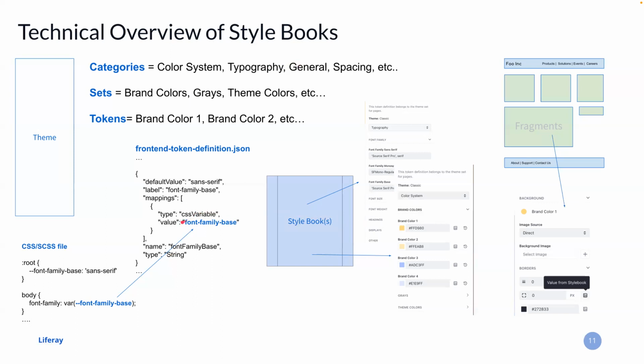And then this is the name of the value, the CSS variable. We would then make use of that variable anywhere in our CSS, so in a fragment, in the theme itself, or in our custom portlets. It follows a standard CSS convention, the var method, with double dashes indicating the variable name.